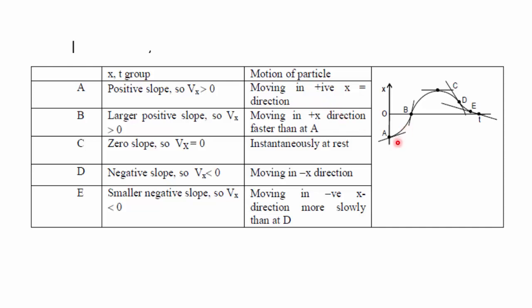When the slope is greater than the previous one, like here the slope at b is greater than at a, it means the particle is moving faster than it was at a. Similarly, at position c the slope is 0, which means the particle is instantly at rest, so there is no velocity. So from a nonlinear position-time graph, we can conclude the velocity from the slope.